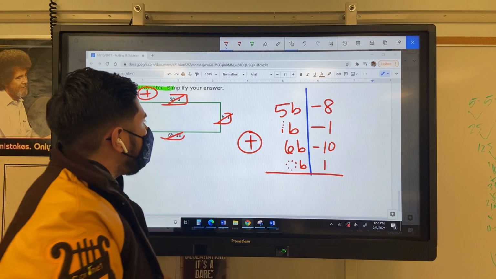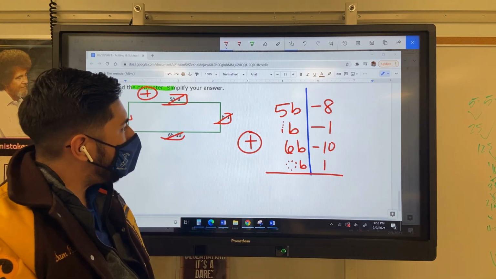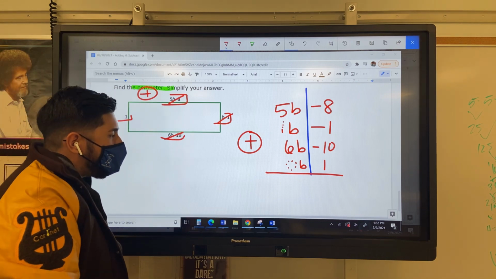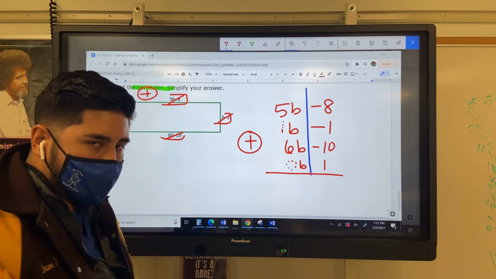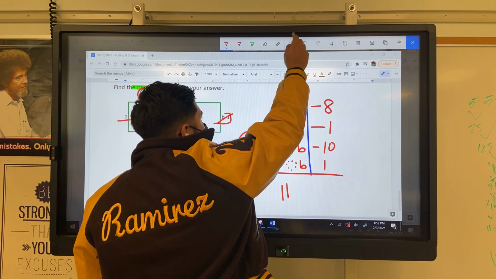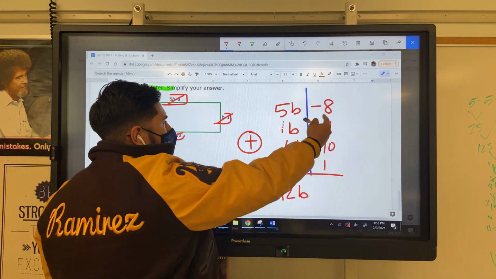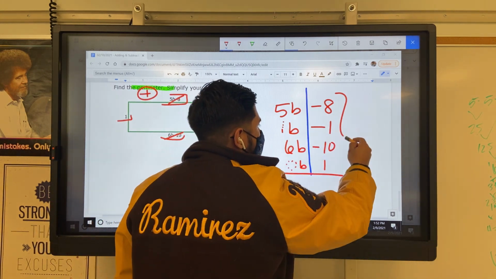All right. And now we add 5 plus 1 plus 6 plus 0. 5 plus 1 plus 6 plus 0. Hook up the calculator real quick. Should get a 12b. Other side over here too.